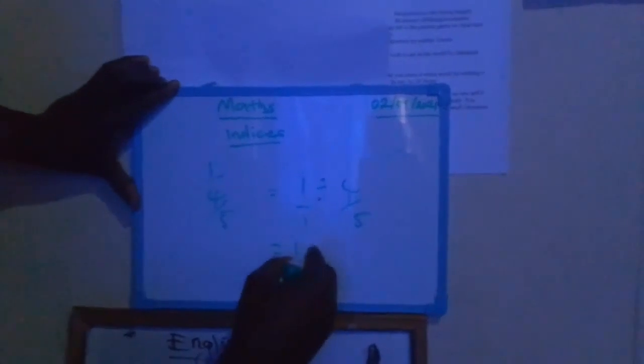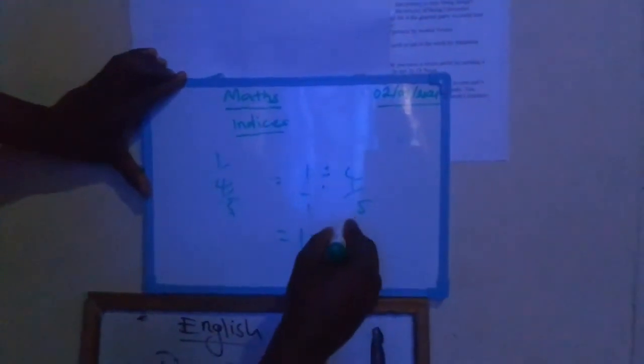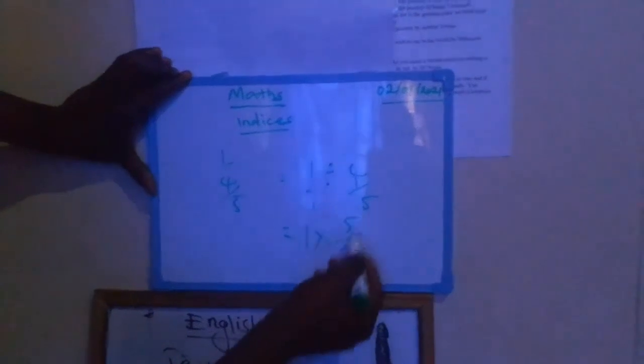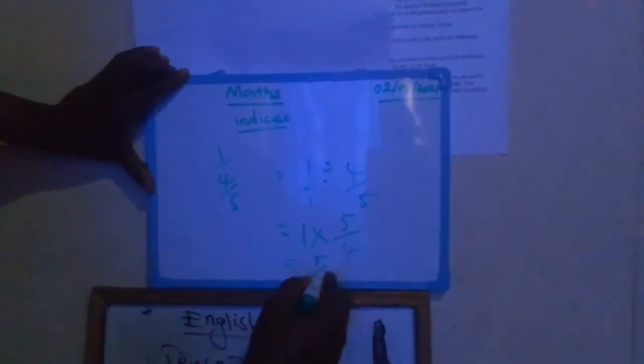So it becomes 1 times, and when you change the sign, the fraction is reciprocated, meaning the denominator becomes the numerator. So it is 1 times 5 over 4, which gives the same, 5 over 4.